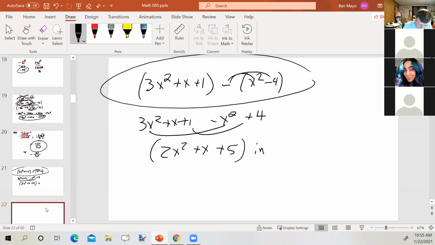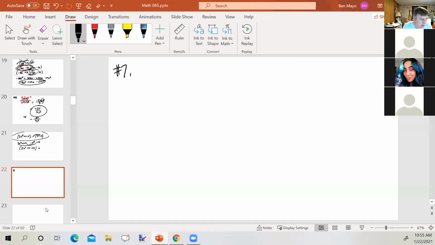Now we're going to look at number 7, which says multiply, simplify your answer completely. We have 4/5 h to the 8th power times the quantity 5 h to the 15th power plus 20 h to the 10th power.